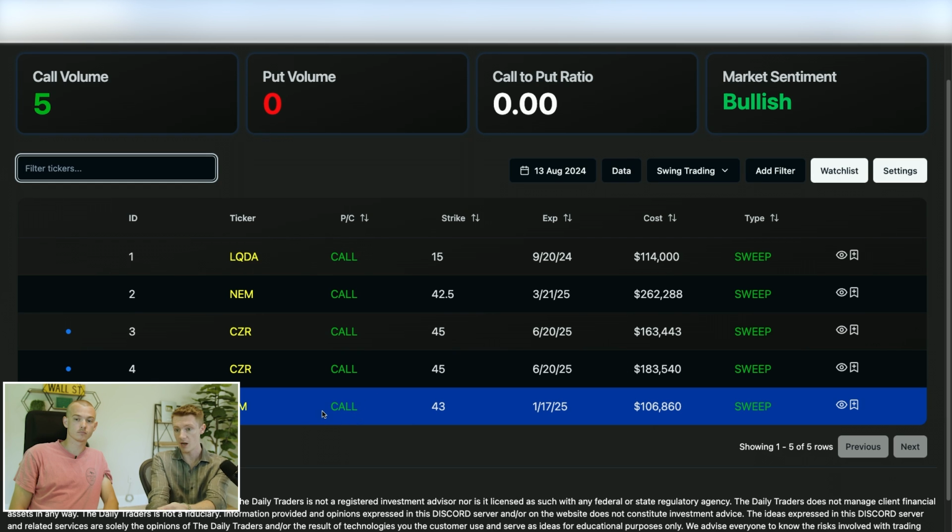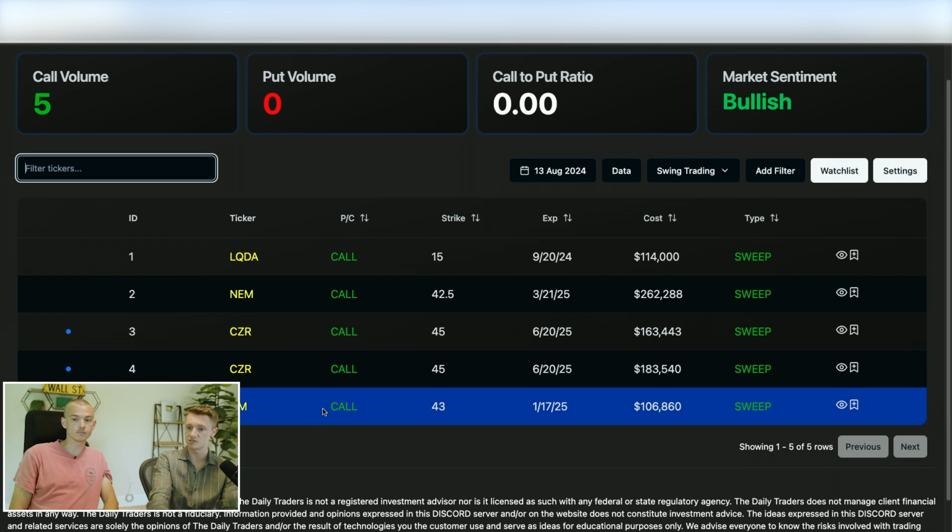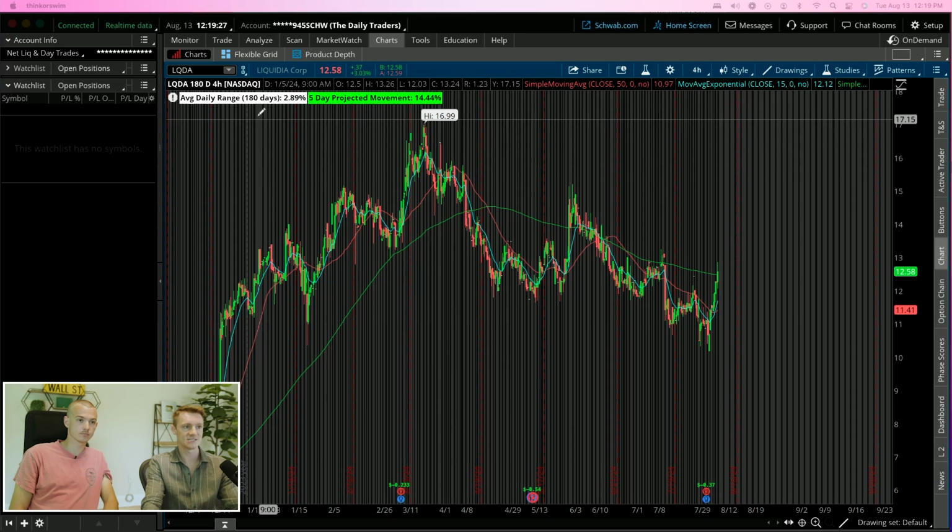If it was a put, I would, but because my technical bias is in opposition with the software bias, I'm not going to take that trade. Got it?